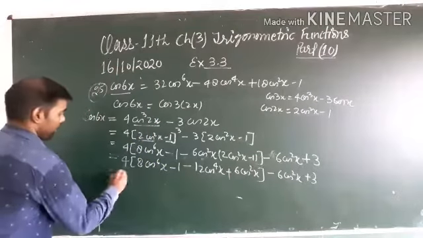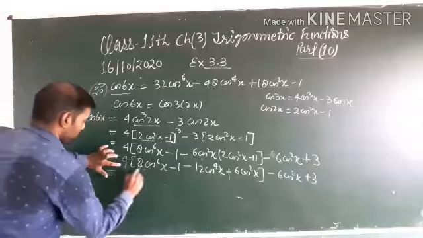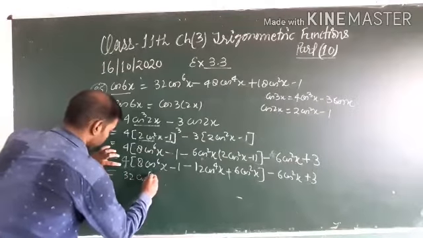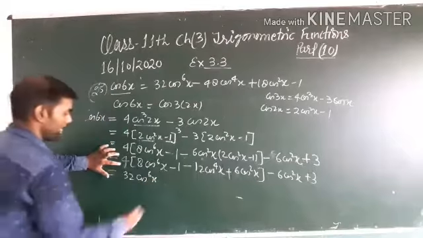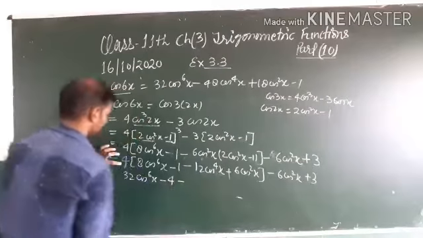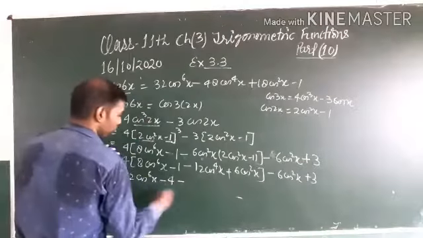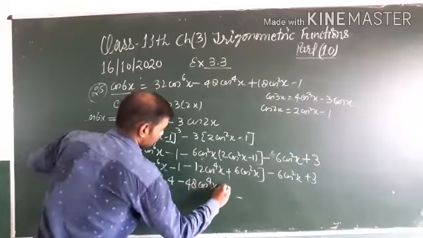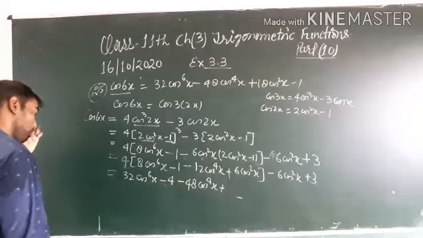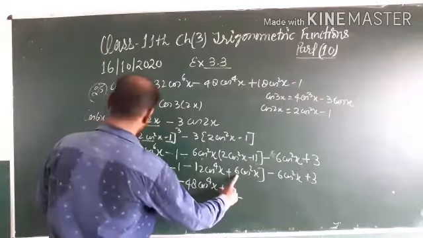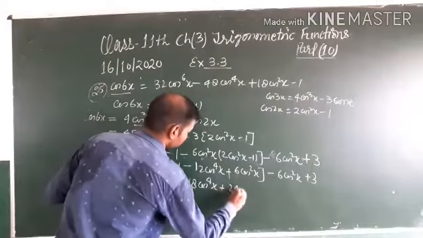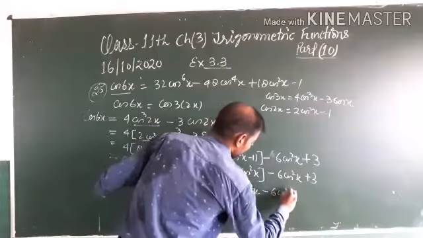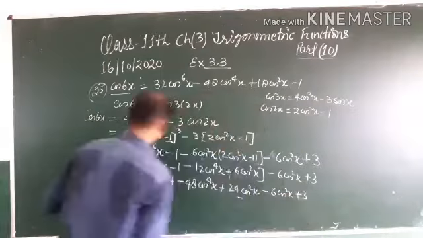Now multiply with 4 into this part: 4 into 8, that is 32 cos x to the power 6, minus 12 into 4, that is 48 cos x to the power 4, plus 6 into 4, that is 24 cos square x, minus 6 cos square x. What do we get?